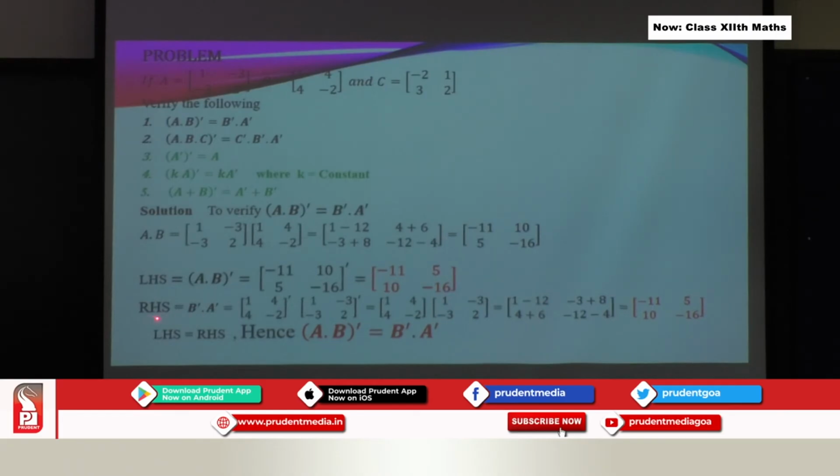Now I am talking about RHS. RHS is B transpose into A transpose. So I take my matrix B here and my matrix A here, and I take the transpose of each matrix separately.